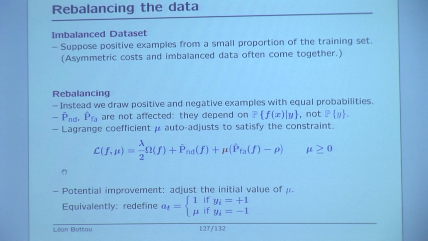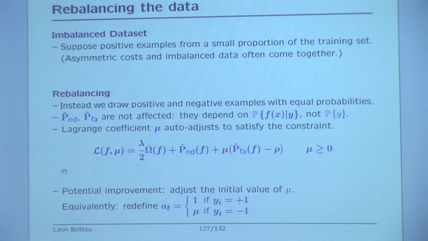Because my two probabilities, the probability of false alarm and the probability of non-detection, are defined according to the conditional probability given the class. So the Neyman-Pearson problem of minimizing the probability of non-detection subject to a constraint on the probability of false alarm is defined independently of the proportions of positive or negative.